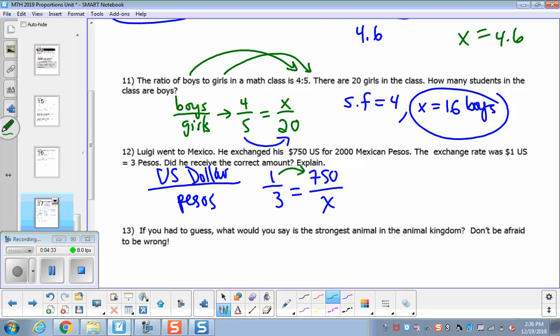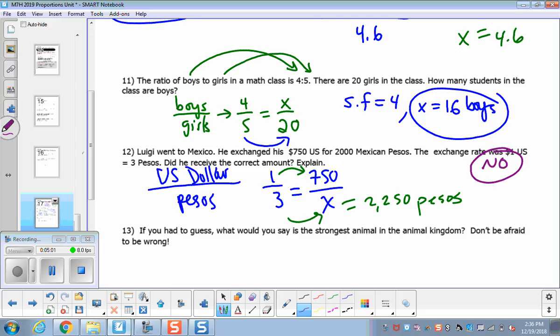So all we got to do is take the 750 and multiply it by the 3 down here to get that this should be 2,250 pesos. What this means is that no, Luigi did not receive the correct amount. He was given 250 fewer pesos than he should have been.